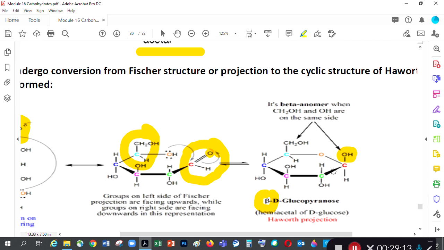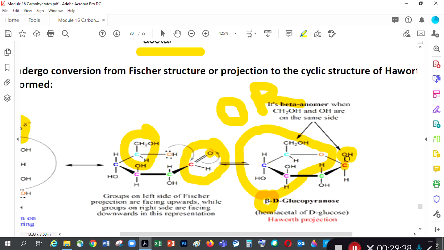Now, make sure that you understand this is the oxygen here, with the rest of the molecule here. This is OR. So this is a hemiacetal because this carbon here is always connected to this carbon.